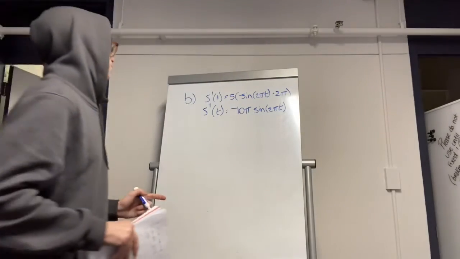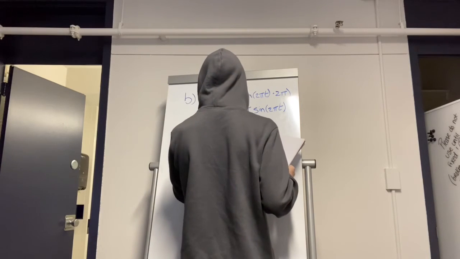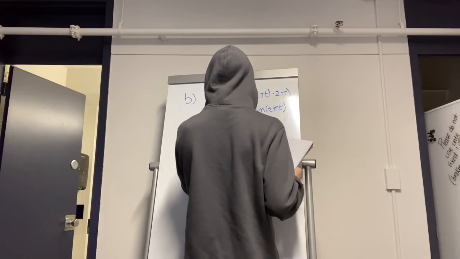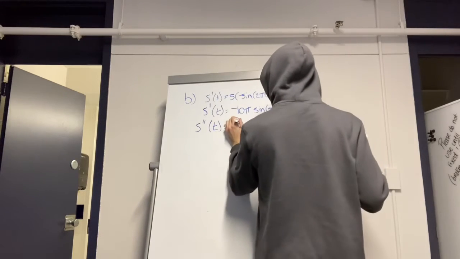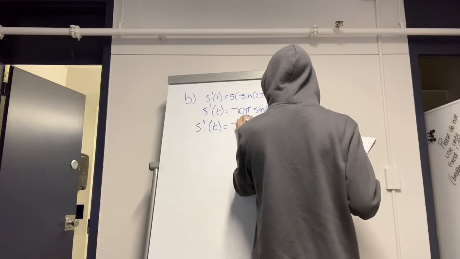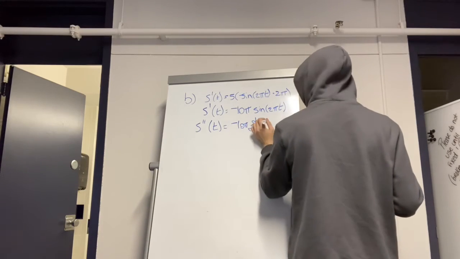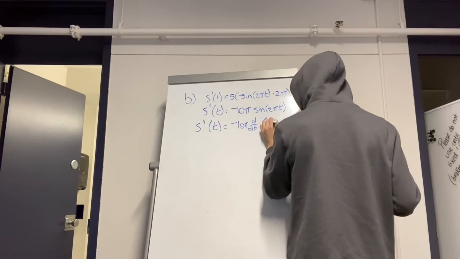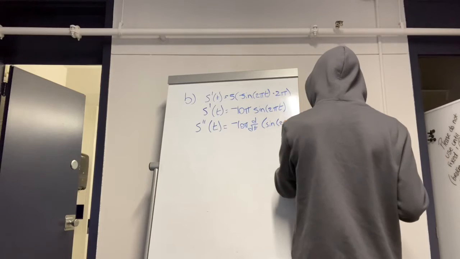From here, we're going to pull the constant out front. So it's going to be s prime of t equals negative 10 pi d over dt sine 2 pi t.